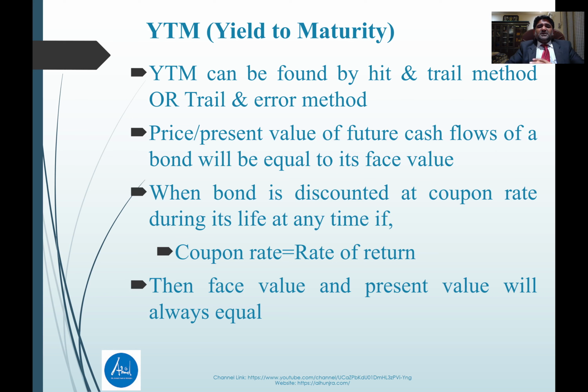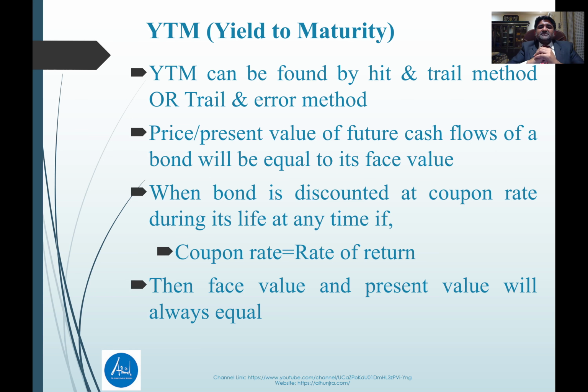Suppose first you assume a rate. If the present value is less than the face value, then you decrease the rate and calculate again. This is the hint. If the present value is greater than the face value, then we increase the rate and calculate the present value.